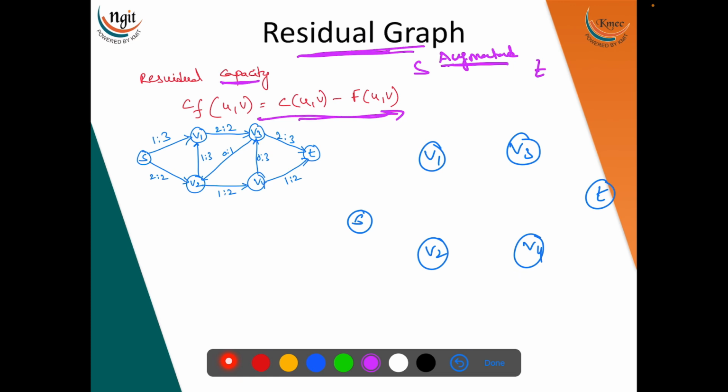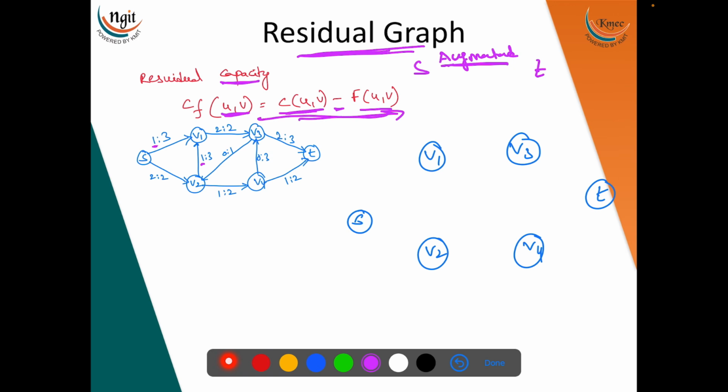That formula is: the residual capacity of one particular edge is equal to the capacity, the maximum flow, minus the flow, what is flowing. This is the formula. Now let's point out the vertices. You start from S. Earlier with the maximum flow problem, we came to know this value has to be increased, this value has to be decreased.